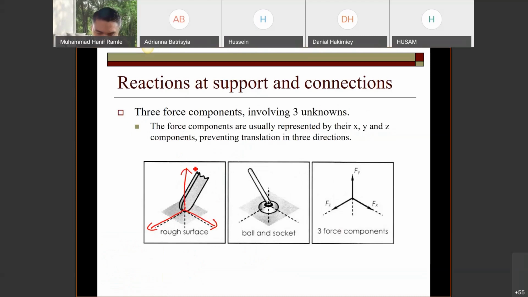Can the rigid body rotate? Yes, Doctor. Yes, because the body is only touching the surface. It can rotate like this. Okay, my pen is the rigid body.